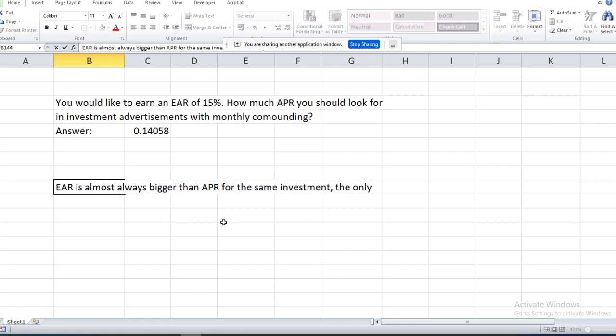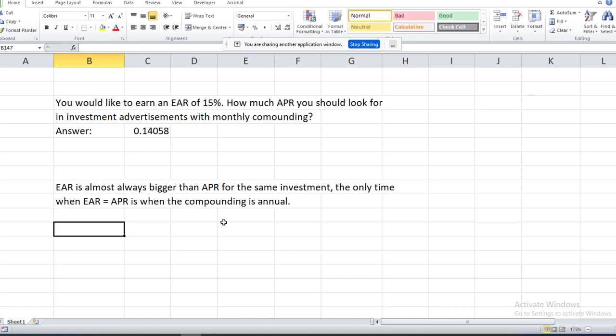The only time when EAR equals APR is when the compounding is annual. When the investment only grows one time per year, the effective annual rate doesn't have any chance to give you interest on interest within 1 year.